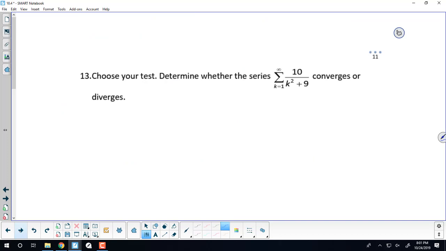All right. What about 10 over k squared plus 9? Take out the 10. Is that a P series? No, shift. Yeah, we could shift it over. We could subtract 9. We'd have to add 9 to our index.